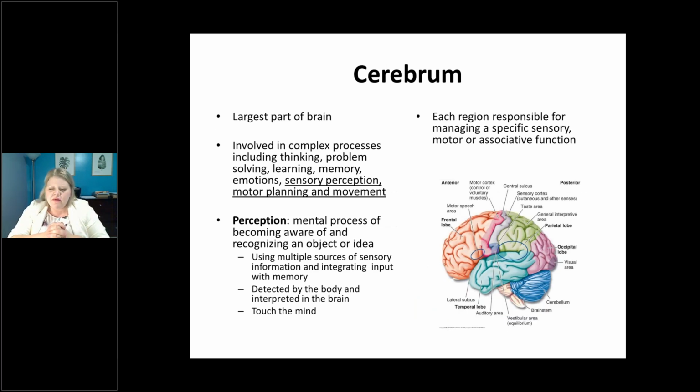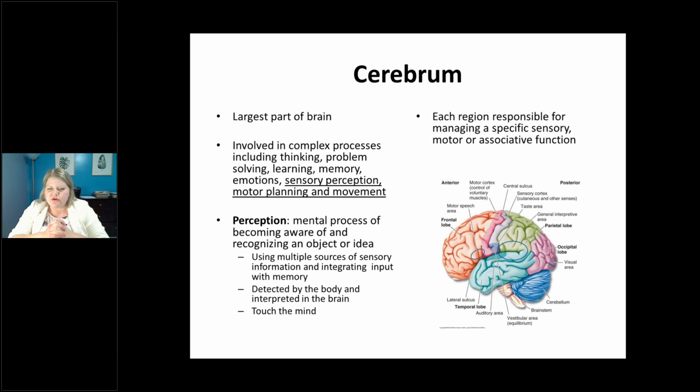So the different areas of the brain, well, there's different lobes. We're going to talk about that in a little bit, but this picture is highlighting different regions where speech is interpreted, where visual centers are of the brain. I'm not going to ask you where they're located.